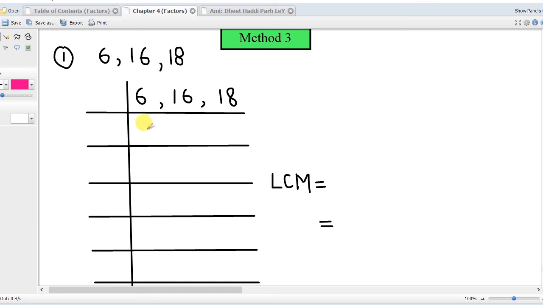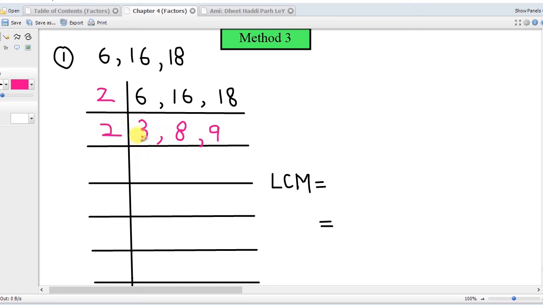Now we are going to find their factors. We are going to find the factors of all these three numbers simultaneously at the same time. So start with the 2 times table. So 2 times 3 is 6, 2 times 8 is 16, and 2 times 9 is 18. Now can we still solve these numbers using the 2 times table?